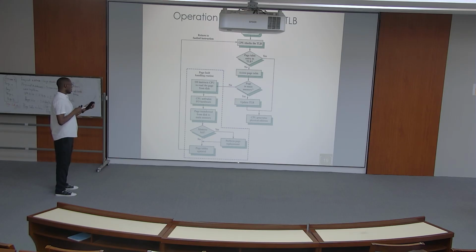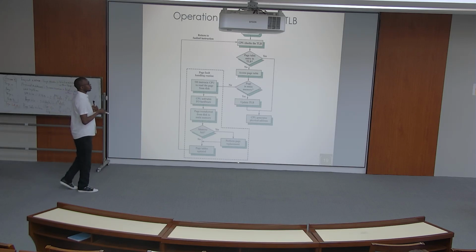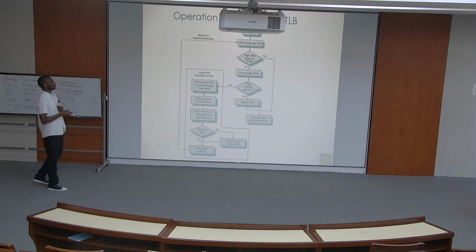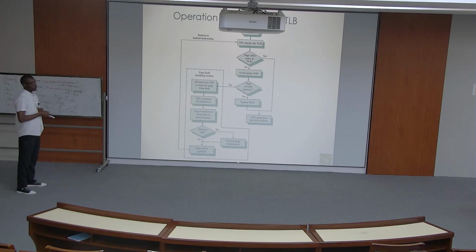If the page is not available in the translation look aside buffer, the system expands the request for the page entry into the main memory. Now, we have two different scenarios. If the page table entry is available in the main memory, the translation look aside buffer needs to be updated. Then the central processing unit will generate a physical address for the page. If the page table entry is not available in the main memory, that is the second scenario. We call it a page fault.